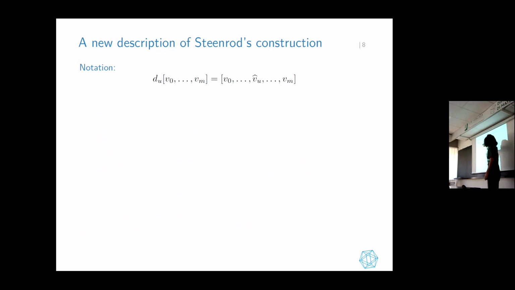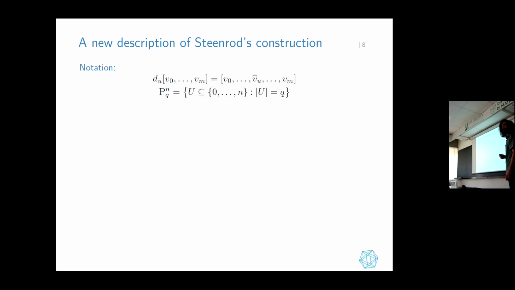So if this is a simplex, v0 to vm, d sub u, where u is an integer between 0 and m, is going to give us the codimension 1 simplex obtained by removing the vertex in position u. This is the so-called face map. Now this set, P raised to n sub q, again two integers, is going to be the collection of subsets of integers between 0 and n whose cardinality is q. Very straightforward.